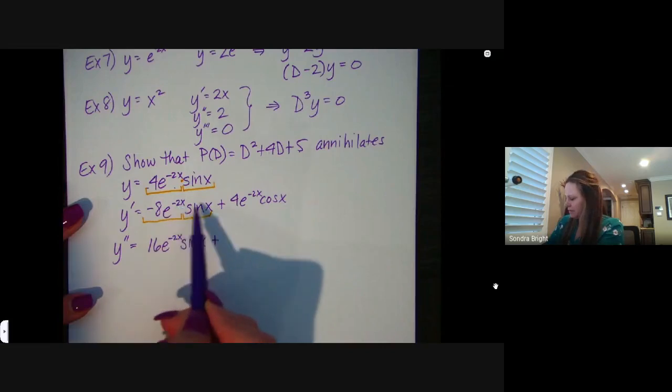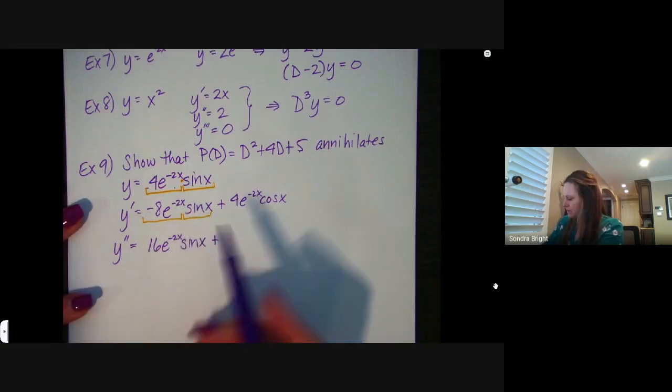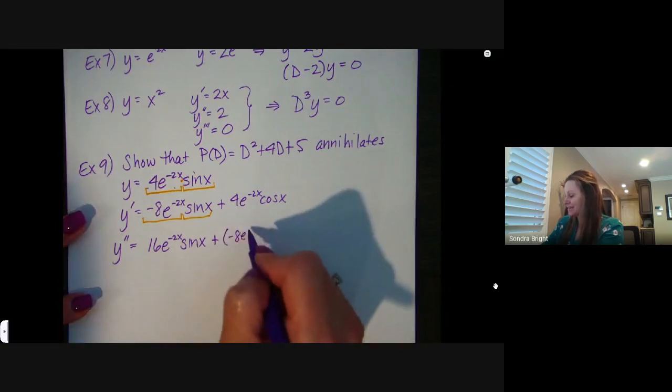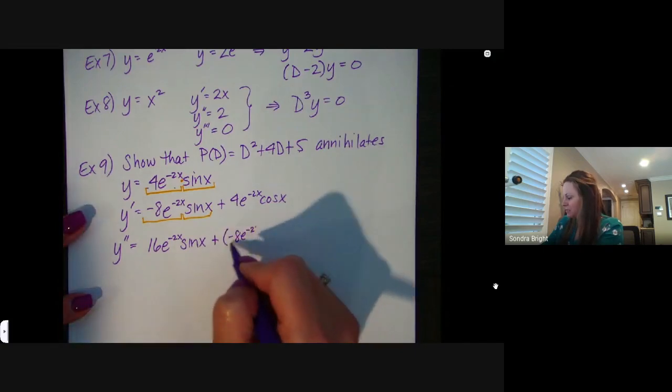So I'll just already put the plus sign. So negative 8 times e to the negative 2x times cosine of x.